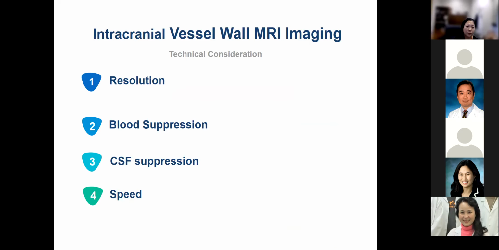In terms of looking at the intracranial vessel wall at 3T in clinical settings, we have to deal with several technical aspects, including resolution. We know the vessel is very small, so the principle is to get the best resolution we can.